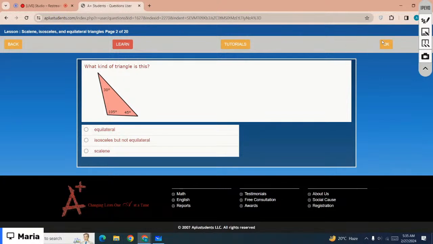The correct option is all three angles are different. That is the scalene triangle, right?